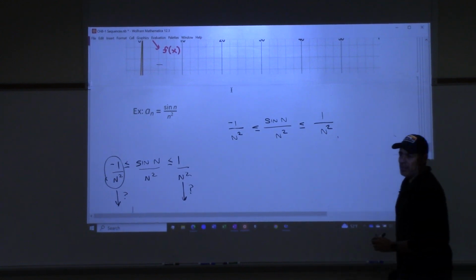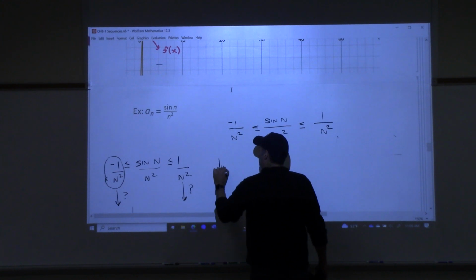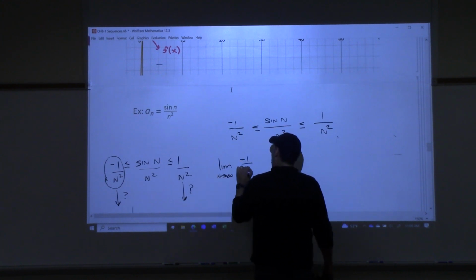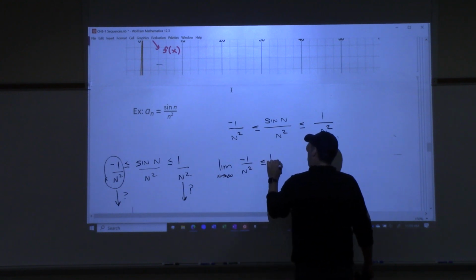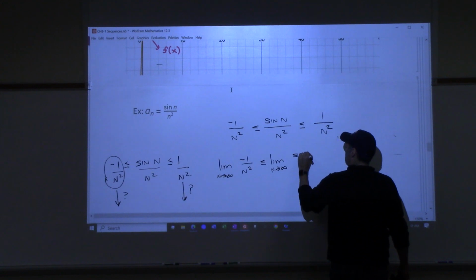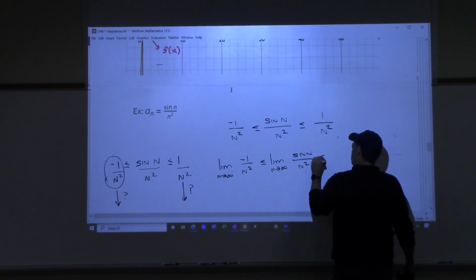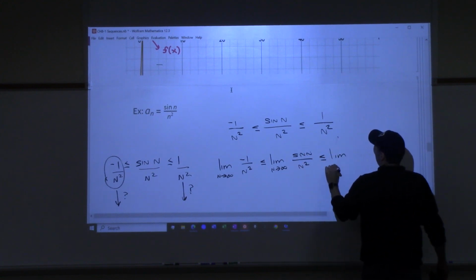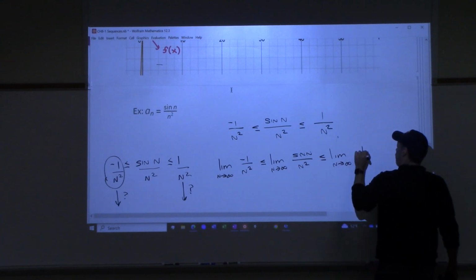And now I'm going to take the limit of all of them. The limit as n goes to infinity of -1 over n squared must be less than or equal to the limit as n goes to infinity of sine n over n squared, which must be less than or equal to the limit as n goes to infinity of 1 over n squared.